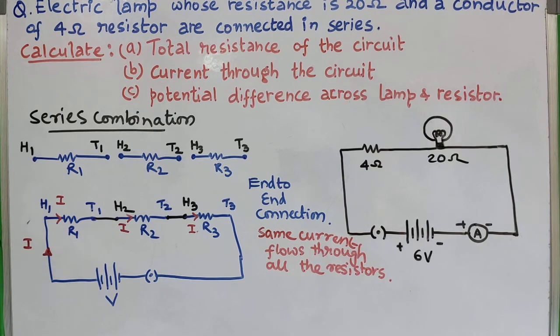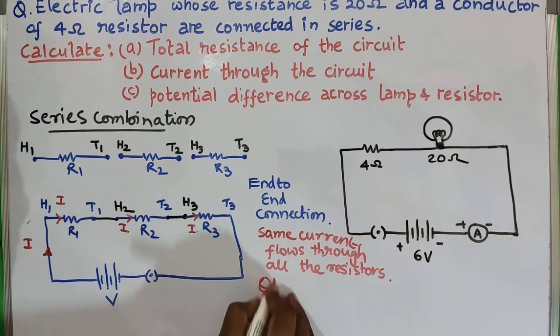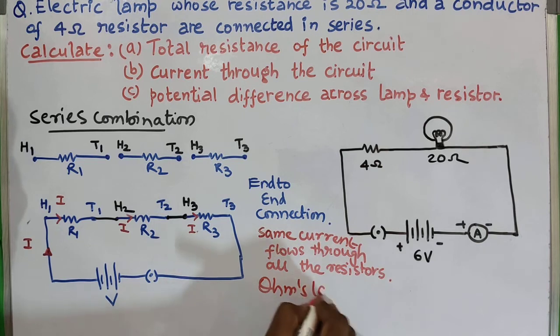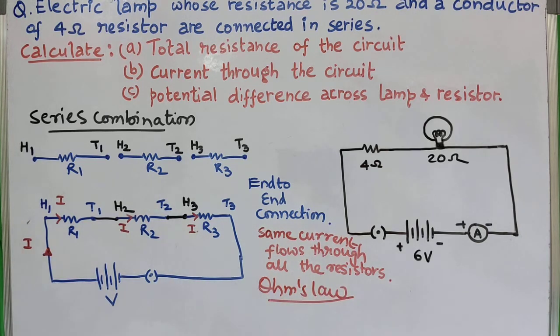So the same current flows through all resistors is a characteristic of series combination. Now let's see here. From Ohm's law, if you remember Ohm's law, what does Ohm's law say? Ohm's law states that the potential difference across the ends of a conductor is directly proportional to the current flowing through it.